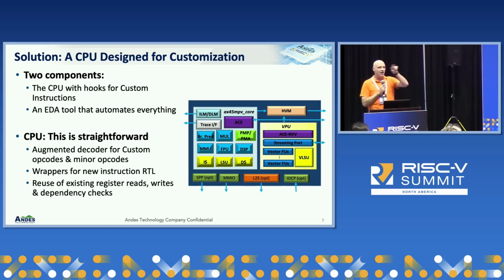That's your RTL wrapper around the Verilog, and it does reuse all of the logic for your register reads, your instruction fetches, your write-backs, as well as things like instruction killing. So you want to make sure that that CPU is designed from the start to be added to, okay?